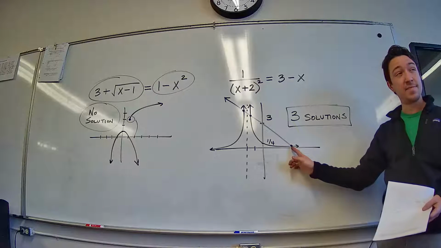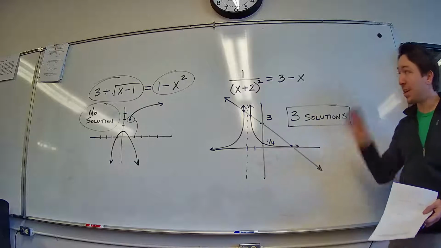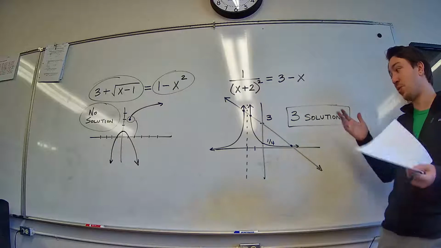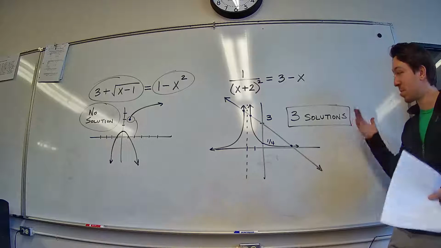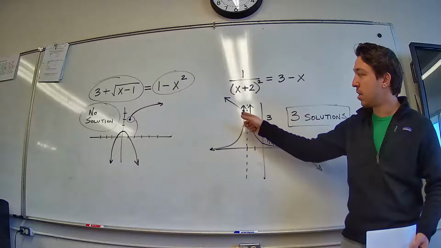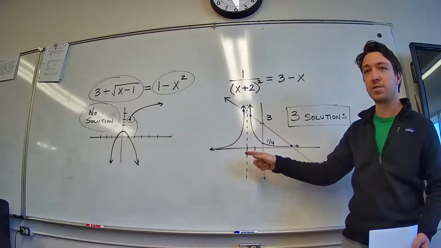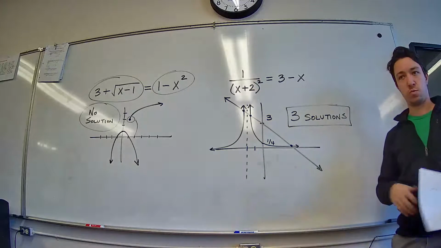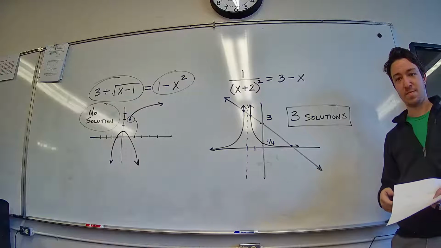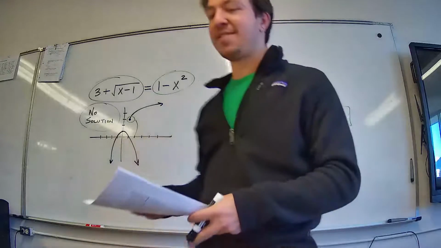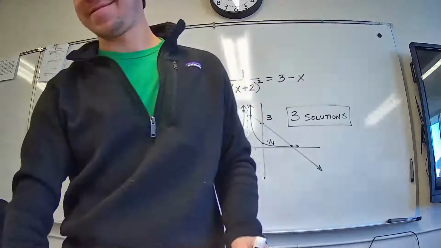It's a little bit less than 3. So I know that one solution to this question is a positive number that's maybe like 2.9-ish or something. And I also know that there are 2 solutions that are both negative and awfully close to -2.